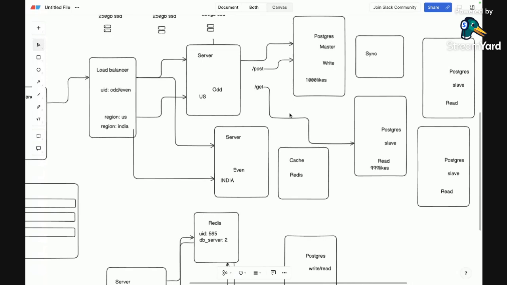So the interview goal is not to come up with a perfect solution. There is no perfect solution anywhere. It's an art. You just understand the purpose and you figure things out, and you study and you improve upon things. There is no one bullet solution for everything. So this is a rough idea.